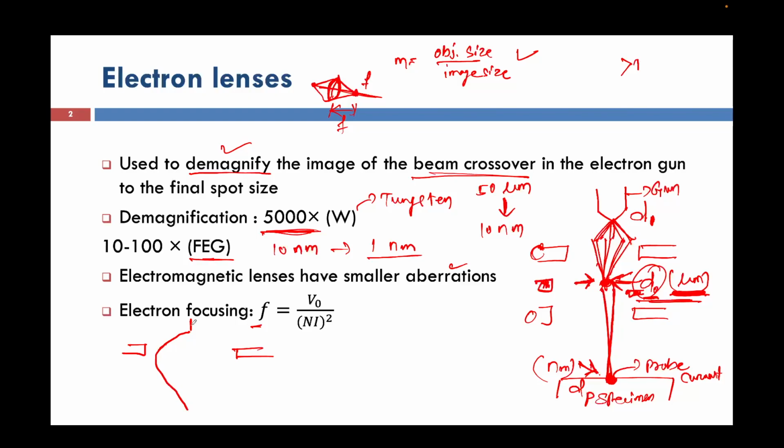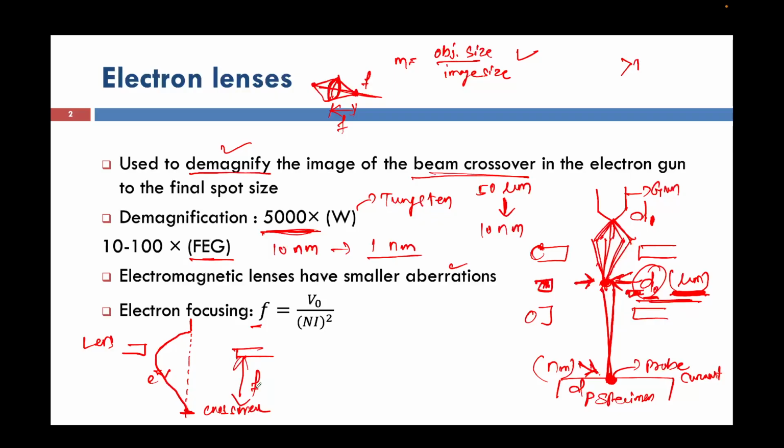This one is my optic axis. The moment it starts spiraling to this optic axis, to the first crossover at the optic axis, that is the crossover of the electron beam, and these are the lengths. So this is what I call the focal length.